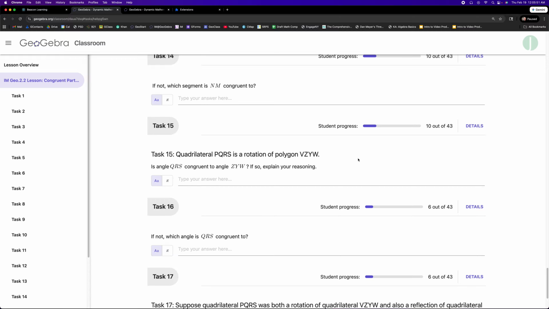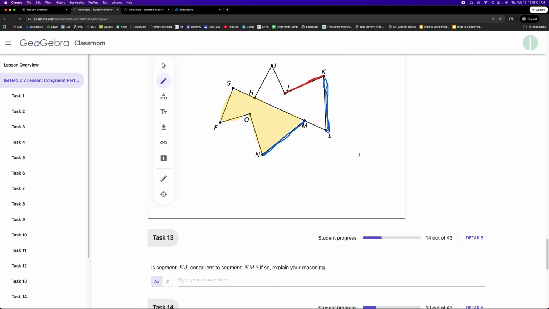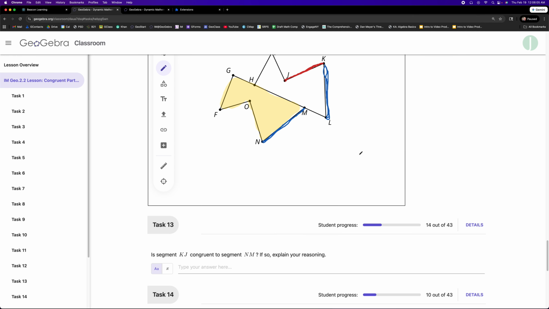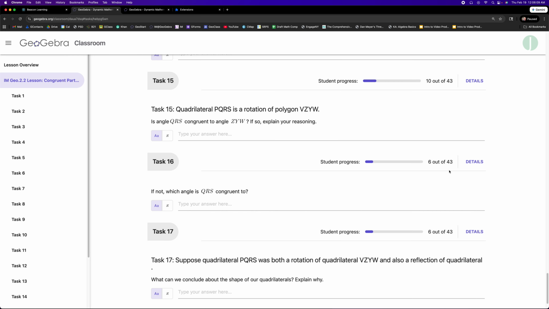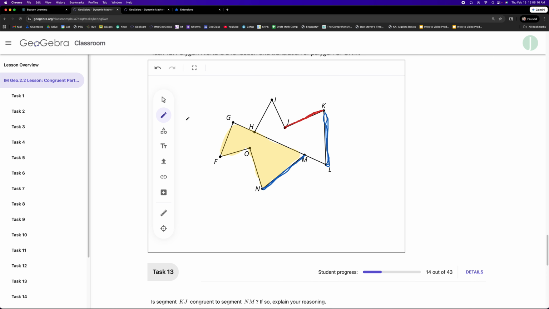So do I have a way that I can draw on this? I don't think I do. Is there a workspace? Okay, we're going to use a little corner here to do a little diagram. So I've got PQRS. We're just going to draw a random quadrilateral here.